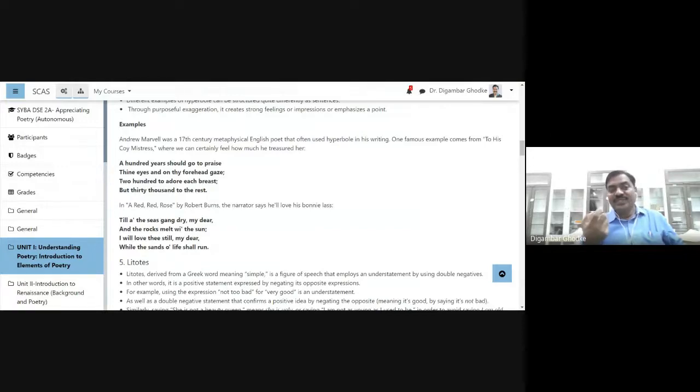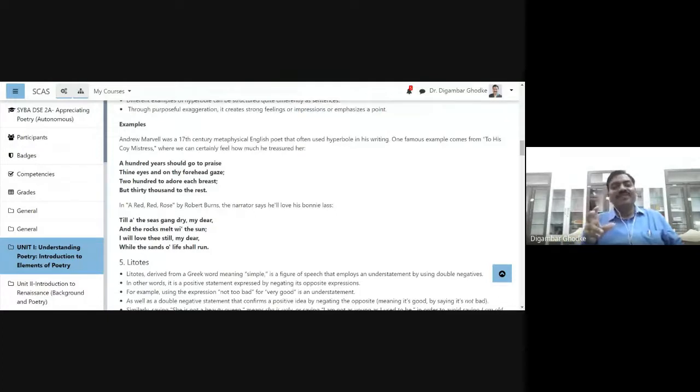But here the poet is saying, I shall spend 100 years to praise your eyes and even the gaze on your forehead. I shall keep on gazing at your forehead. And 200 years to adore each breast. And thirty thousand to praise each and every part of your body, your beauty.